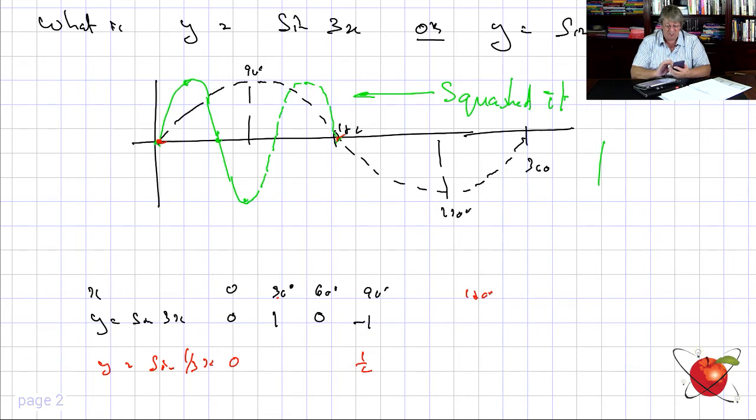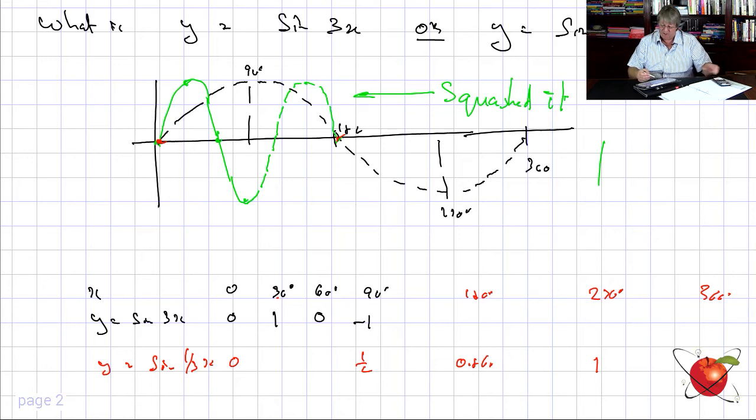Sine of 60 is 0.866. Let's now move up to 270 degrees and 360 degrees. At 270 it's going to be sine of 270 over 3, which is sine of 90, which is 1.